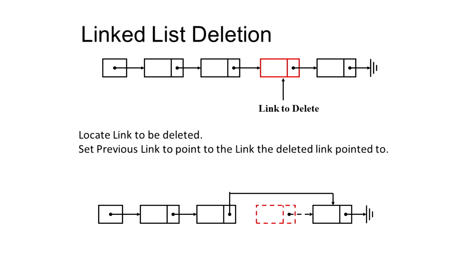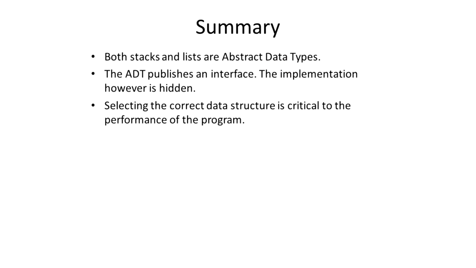So we have to change the previous next pointer to be the next pointer of the one we want to delete. Now, I appreciate that probably sounds harder than it seems. That's quite a mouthful. But as you can see in the illustration, actually the concept is quite straightforward. So it's just a case of coding that up. Okay, so that's what we're going to do in the next video. We're going to get started with implementing a linked list.